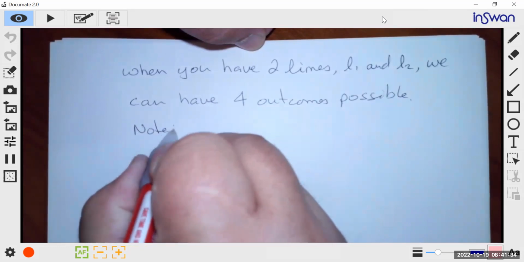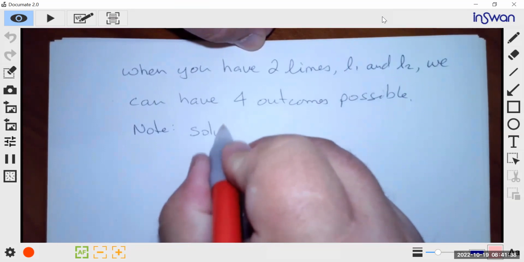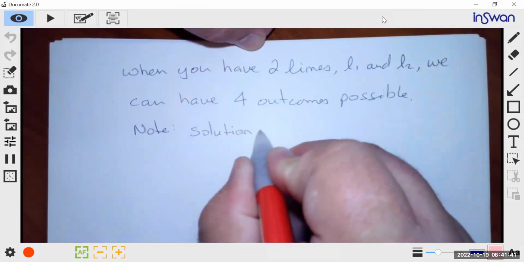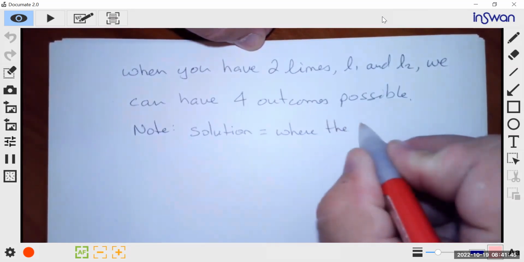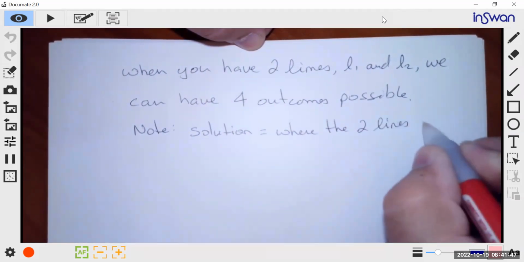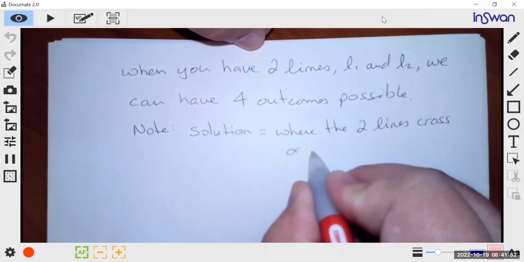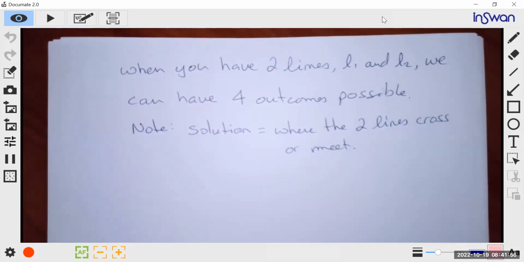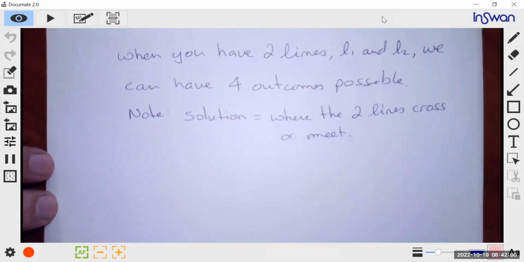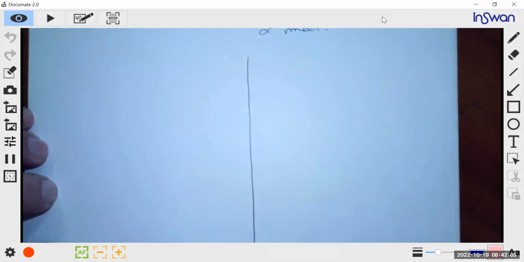Note, when we say solution, when we have two equations, two lines, a solution is where the two lines cross or meet. So when we talk about solutions, we're going to see where they cross, where the two lines are exactly the same. All right, so there are 4 things that can happen.